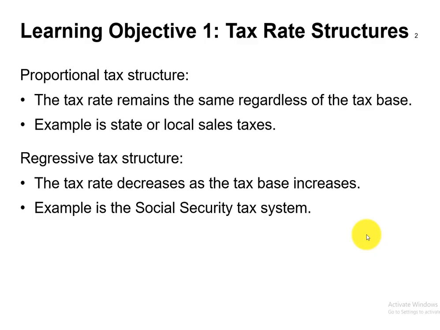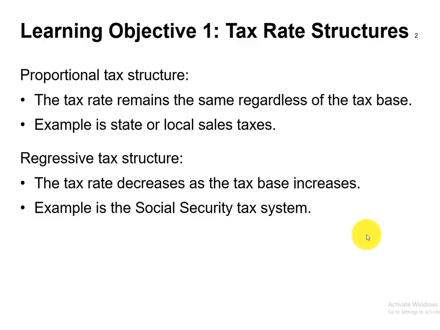A regressive tax structure is where the tax rate actually decreases as the tax base increases. The Social Security tax system is an example, in the sense that you pay Social Security taxes on up to an amount of income, and then it goes away. You don't have to pay any more.